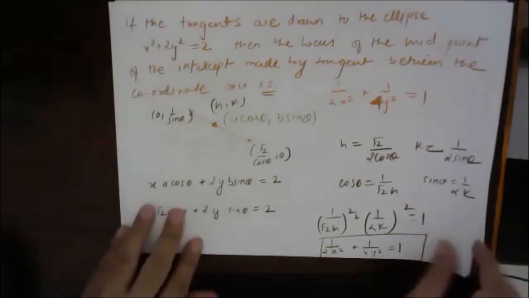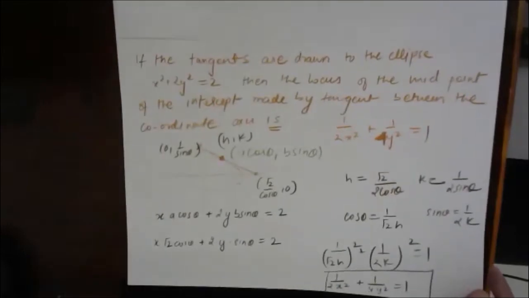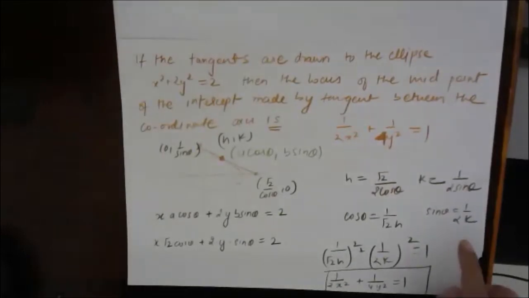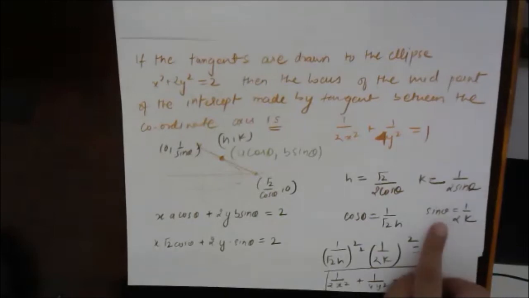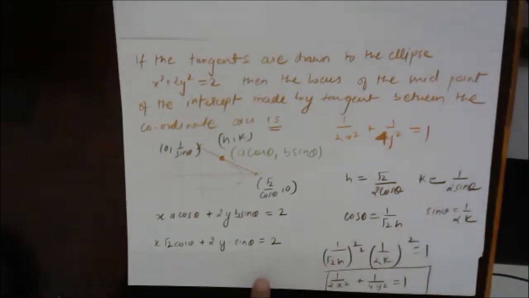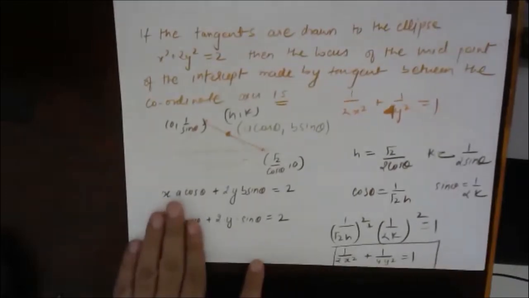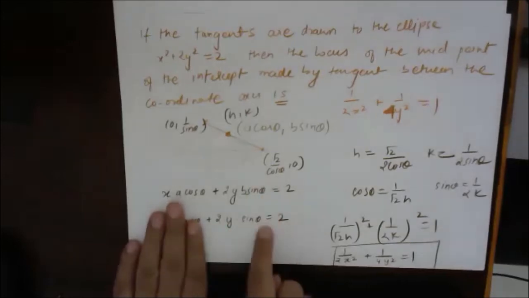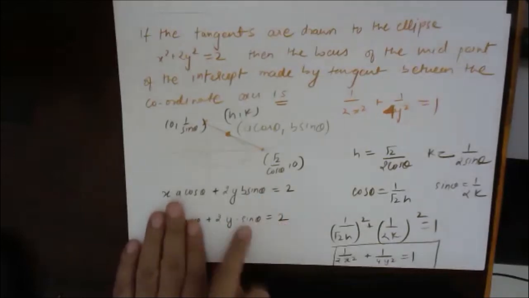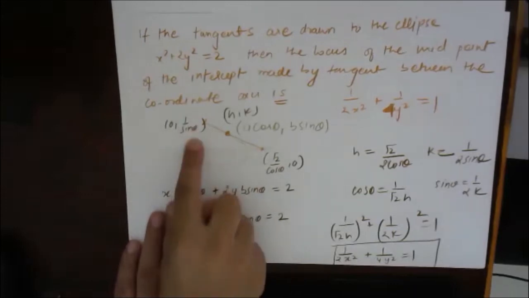Okay, fine. So everybody is able to understand this. Then about k, see, if I substitute x is equal to 0, then y will become 1 by sin theta, 2 and 2 get cancelled.